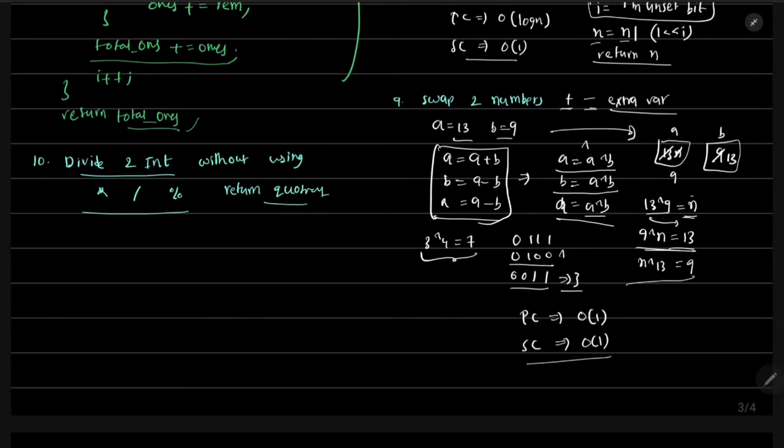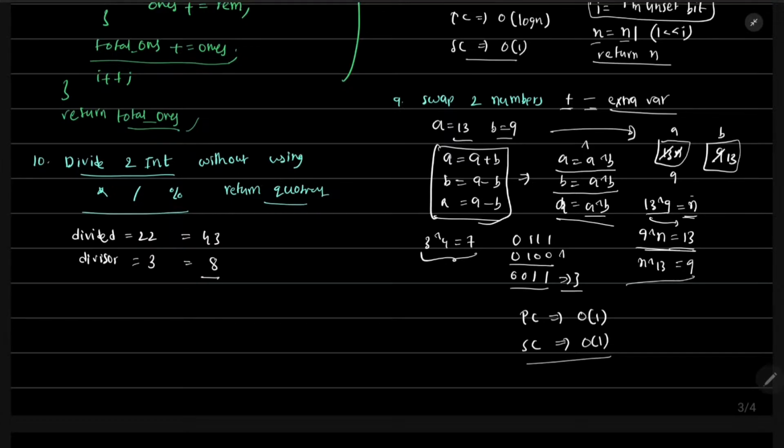How do you do this? Let's take two examples. One example first. Dividend equal to 22. Divisor equal to 3. Right? Right, guys? Or let's take some bigger example. Dividend equal to 43. Divisor equal to 8.